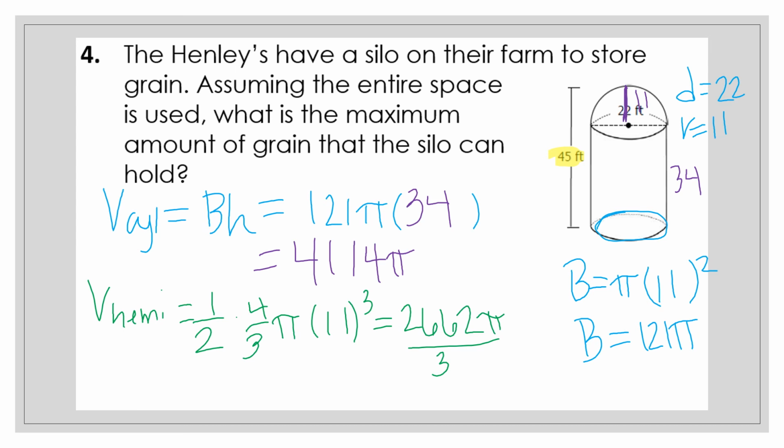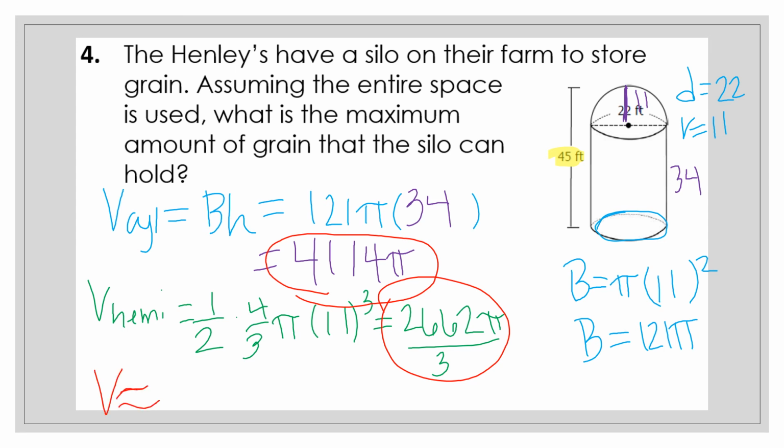To find the total volume, you add the 4,114 pi and the 2,662 pi over 3, and that will give us the total volume of the silo. That should be 15,712.2 feet cubed.